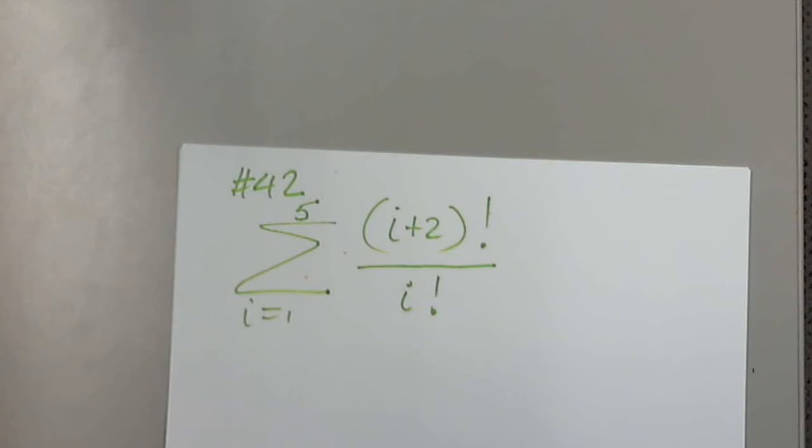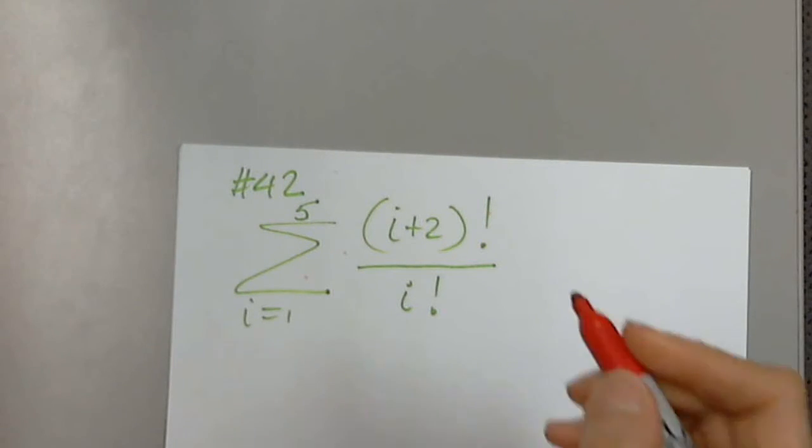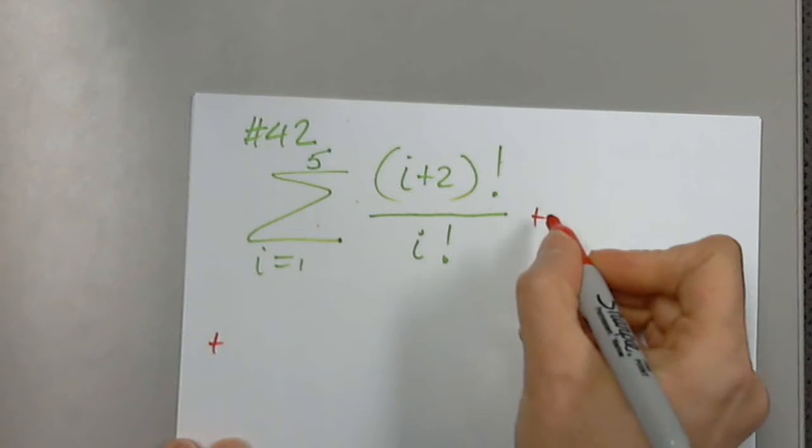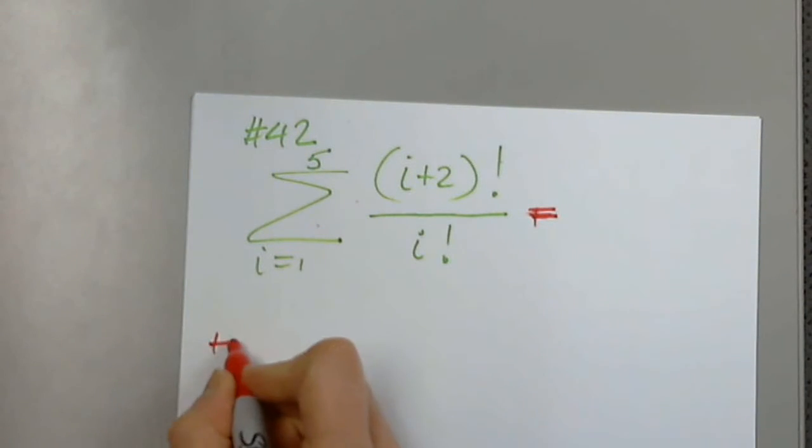How many terms do I have to present initially? And do not calculate anything at this point. 5 terms. So please dictate the first term. No calculations. Oops, I'm sorry. I meant to write the equal symbol.